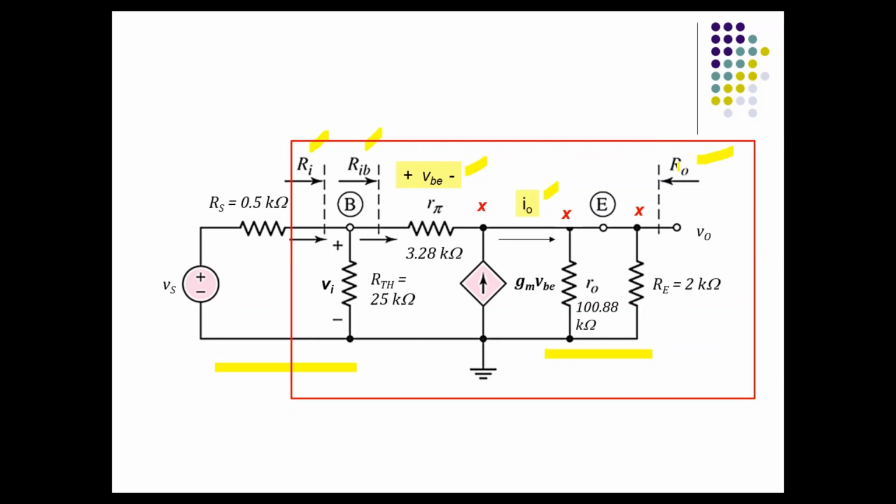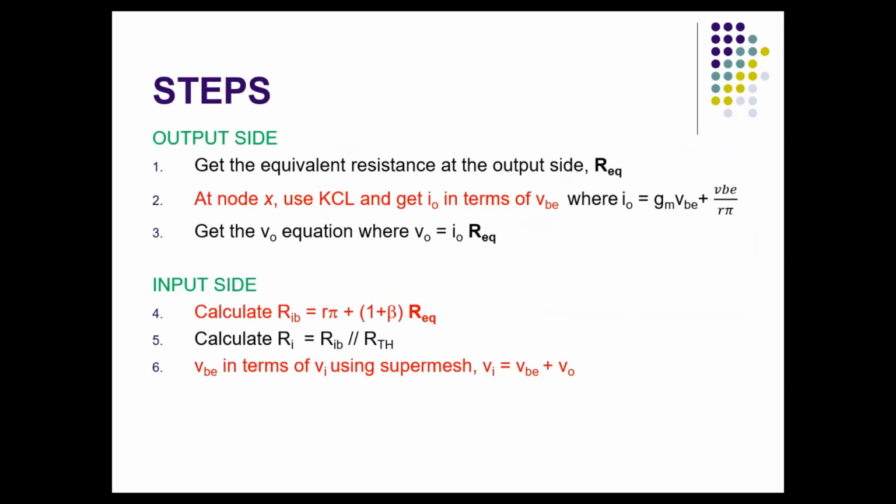I will go into this R0 a bit later. There is something unique about the output resistance for your common collector. So let's look at the steps in detail. You have six steps to calculate the AVOC: the output side has three steps, and the input side has three steps as well.